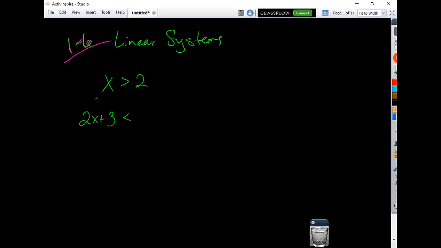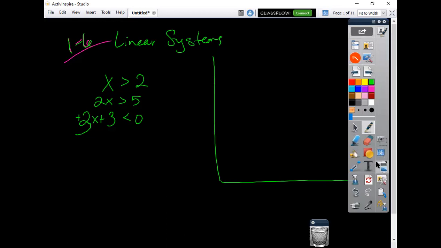If I said 2x is greater than 5 and 3x plus 3 is less than 0. So let's see how these look. Usually all 3 of them are going to be the same symbol. I'm going to do all of them being less than. Sorry about that. Let me change that over here.